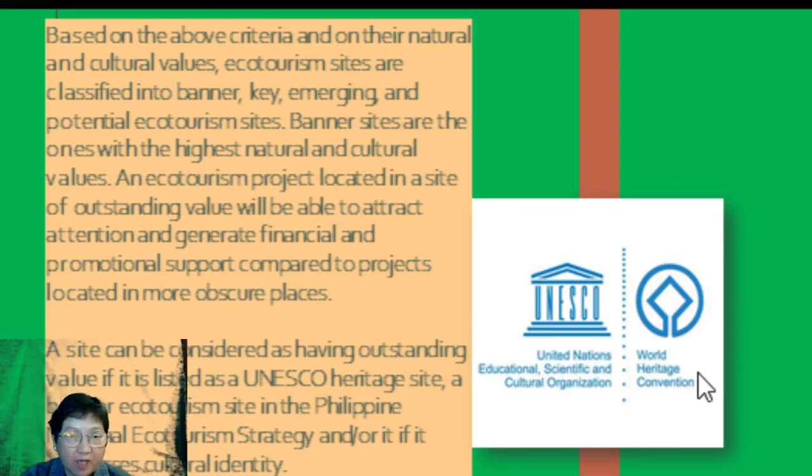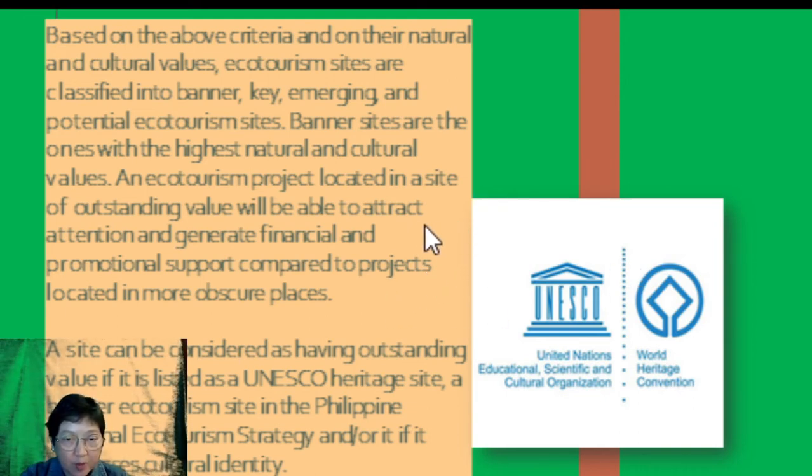Based on the above criteria and their natural and cultural values, ecotourism sites are classified as banner, key, emerging, and potential ecotourism sites. Banner sites are the ones with the highest natural and cultural values.